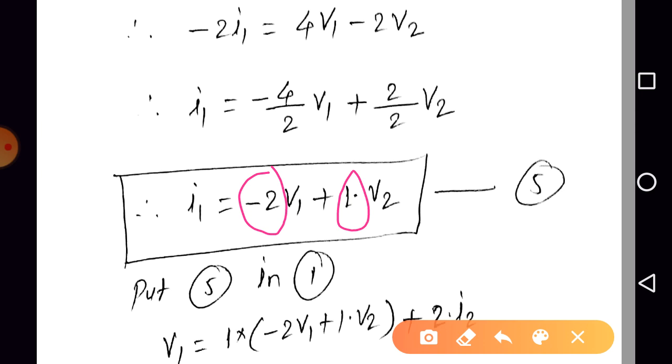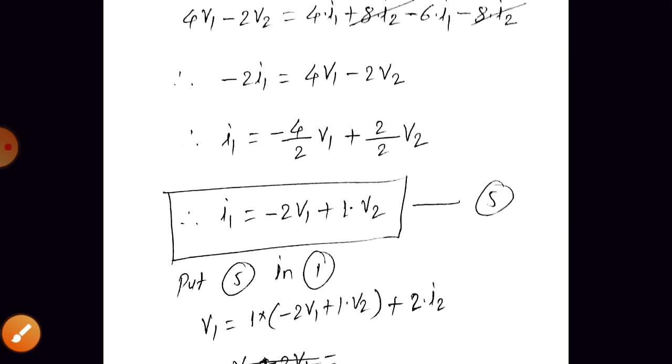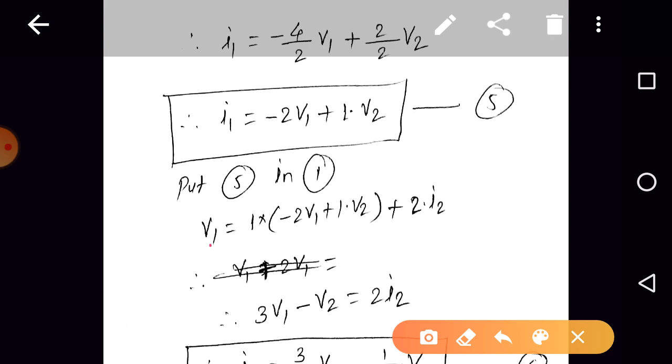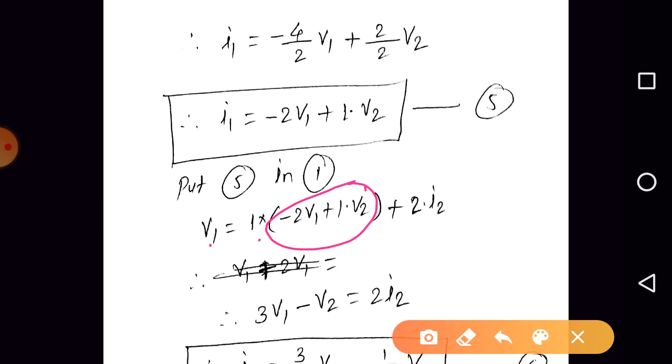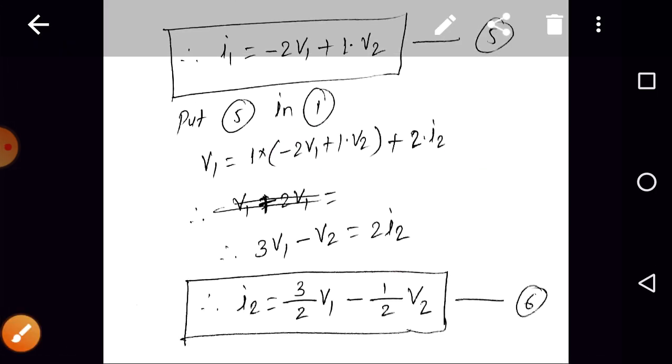Next, can we find Y21 and Y22? For that we put equation 5 in equation 1. In equation 1 we have V1 is equal to Z11, that is 1, into I1, so we replace I1 with this equation, plus Z12 into I2. After that we rearrange the terms and write the expression for I2 in terms of V1 and V2.